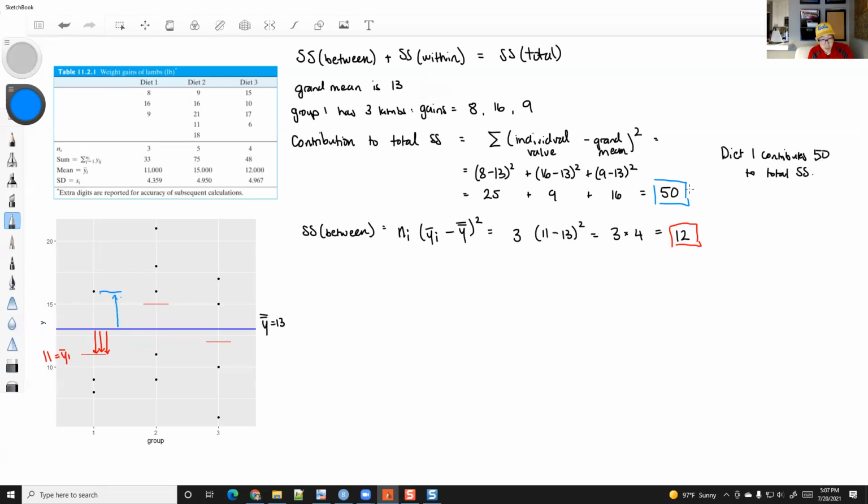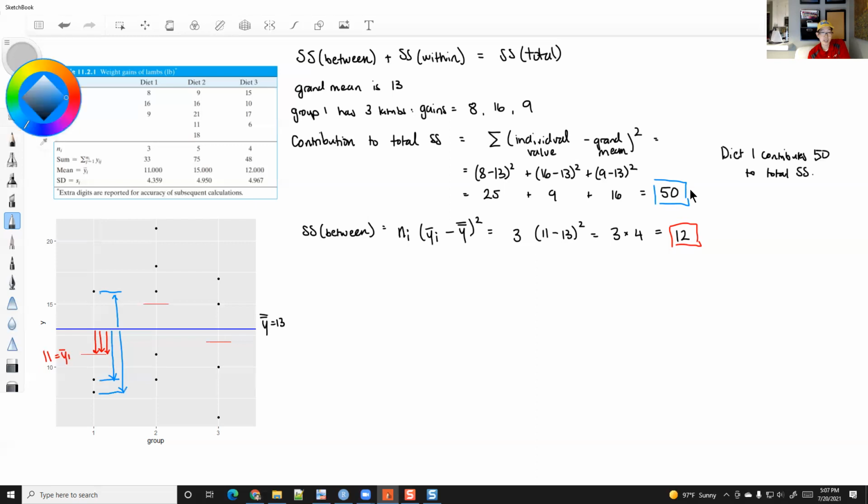From the grand mean, this one is at 16, which is 3 away, so we square that. Then this observation down here is this far away, and this one is this far away. These blue arrows show us the total contribution to the sum of squares.